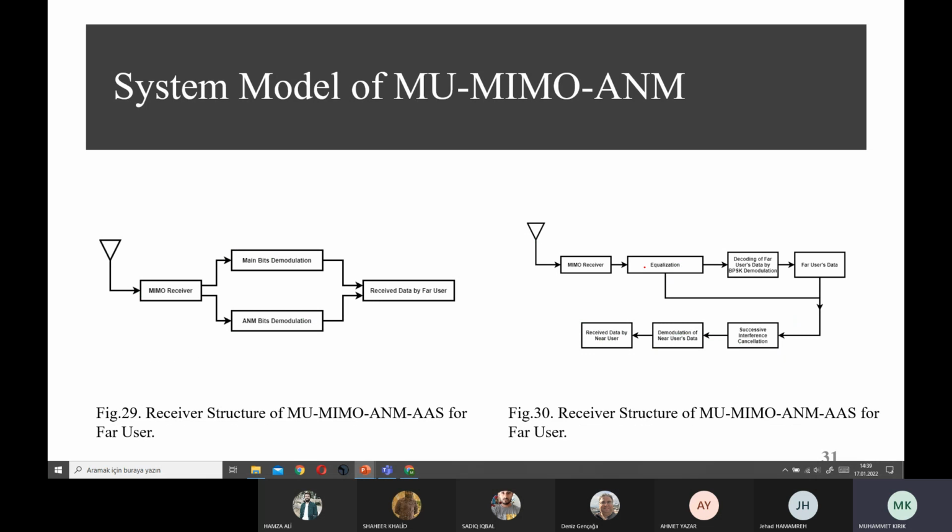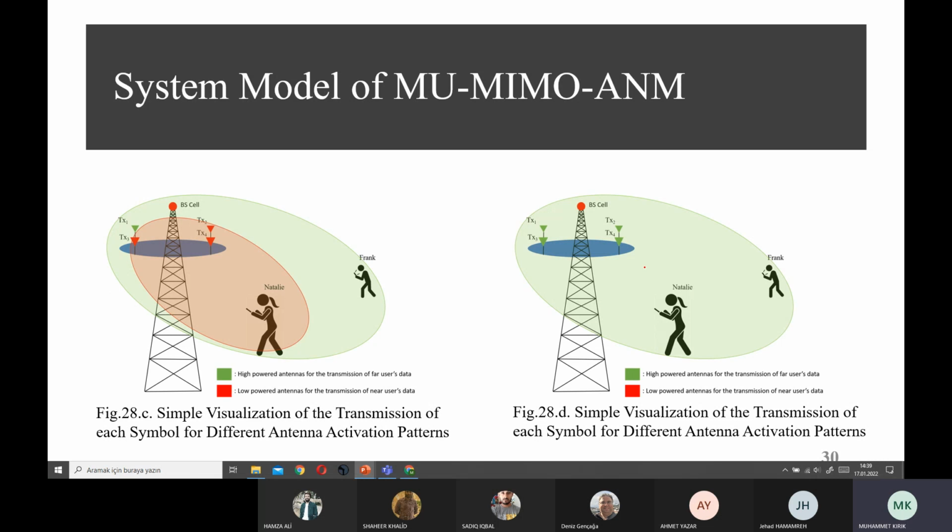So at the reception, we have two different receivers now. One of them is for the far receiver and one of them is for the near receiver. For the far receiver, we don't have any change from the plain antenna number modulation, because we are using a low power for the near user.